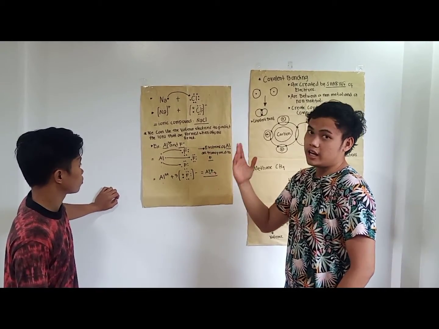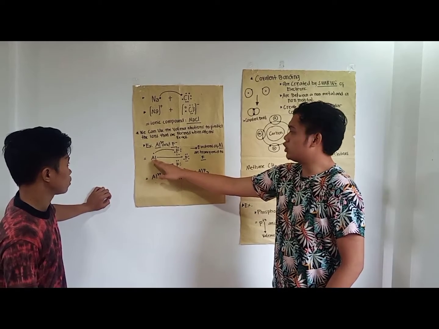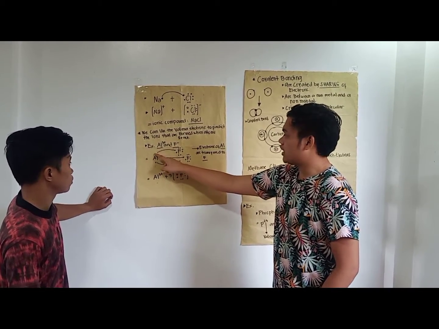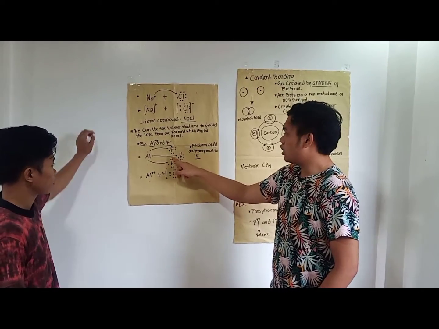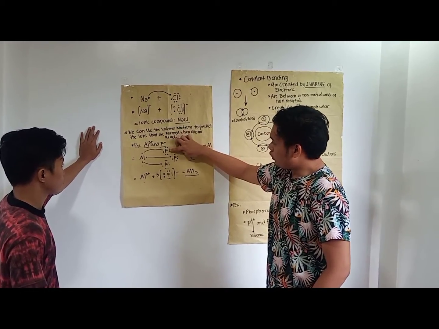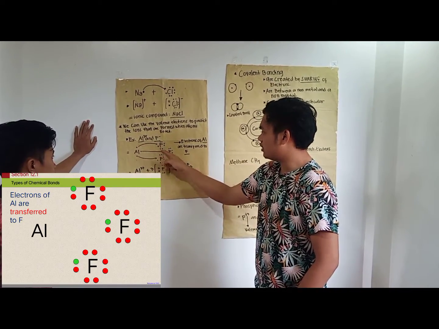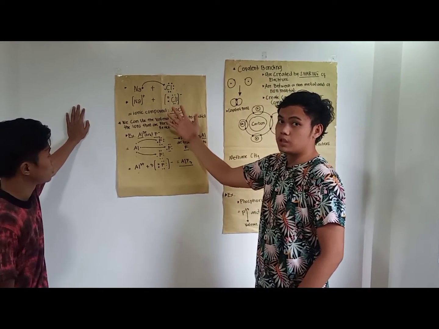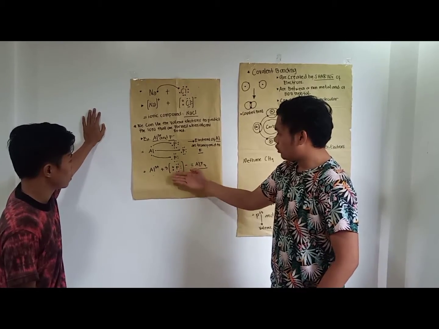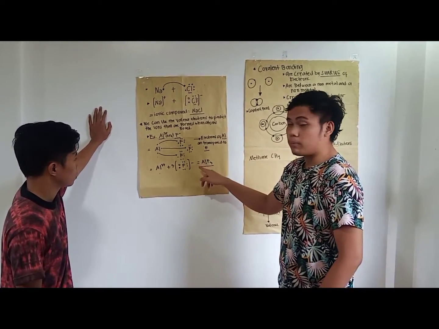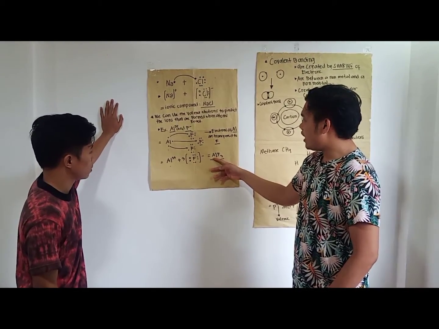When the atoms react, we transfer the electrons of aluminum to the fluorine. Aluminum belongs to group 3, so it has 3 dots. Fluorine has a negative charge and belongs to group 7, so we put 7 dots. When we transfer the electrons, it is the same as the first example. The formula is aluminum 3 plus, and the ionic compound is AlF3.